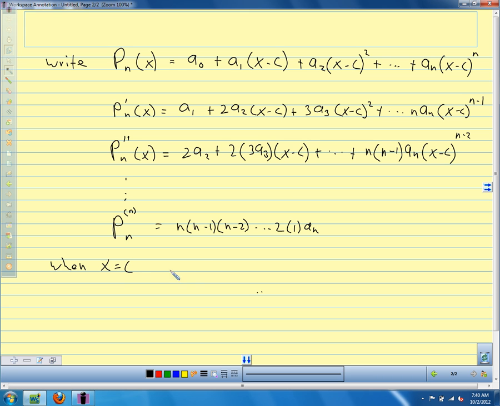we have that p sub n of c, our polynomial at c, is just a sub 0. Our first derivative at c is just a sub 1.